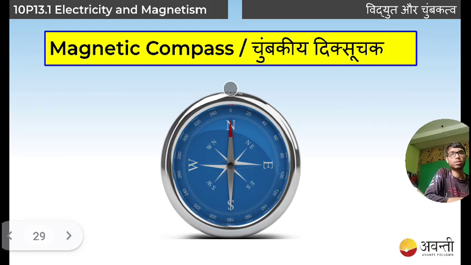How? Just by using this. If they want to go in the north direction, they will use this. This device will tell you that this side is north, this side is east, this side is west, this side is south. So this compass will tell you the exact direction.